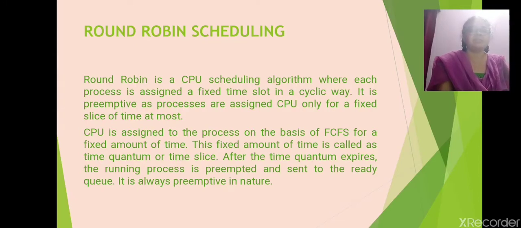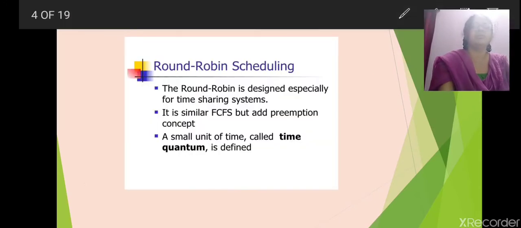A context switch will be executed and the process will be put at the tail of the ready queue. The CPU scheduler will then select the next process in the ready queue. This is the process of selecting different processes from the queue.